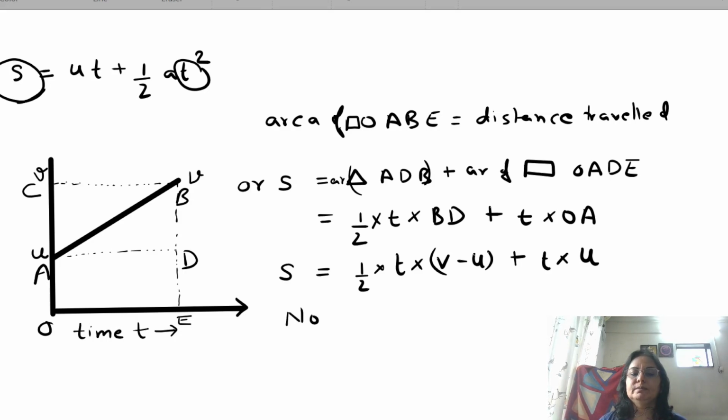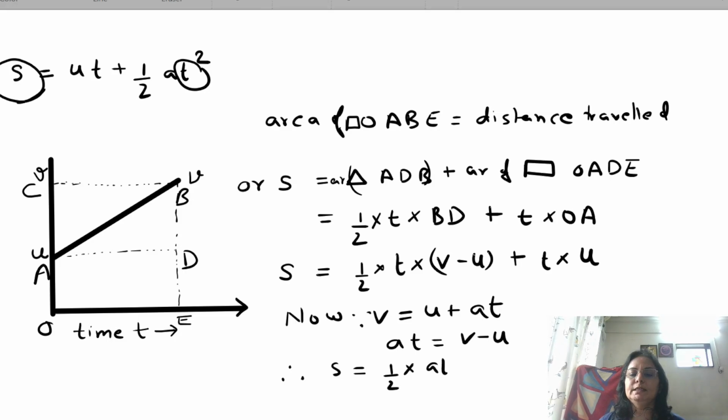Now we know that since v is equal to u plus at, at is equal to v minus u. Therefore, s is equal to half into at into t, by substituting this here, plus ut.